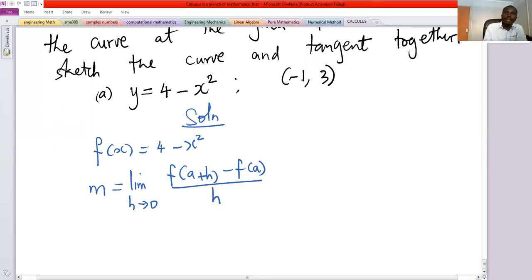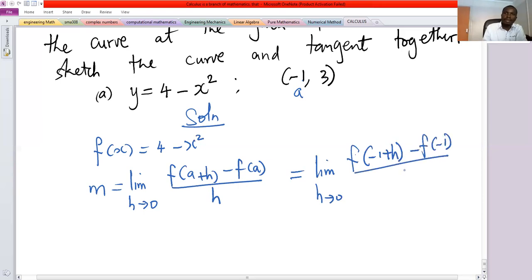Now, this is the x value, this is the y value. So this is the a value. So it's the same as the limit as h approaches 0 of f of minus 1 plus h minus f of minus 1, divided by h.